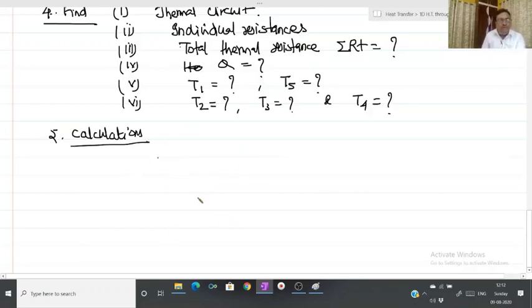So the very first part of the solution of this problem is we have to draw the thermal circuit or equivalent electrical circuit.